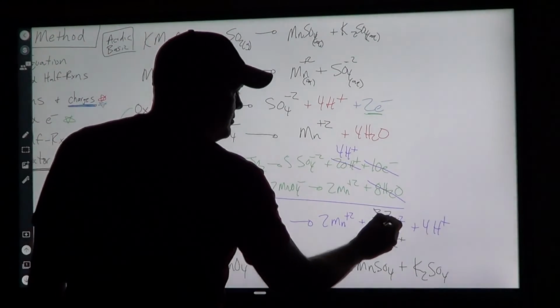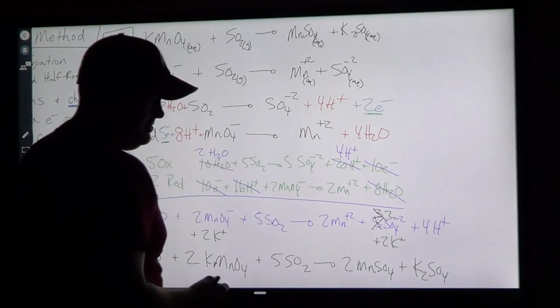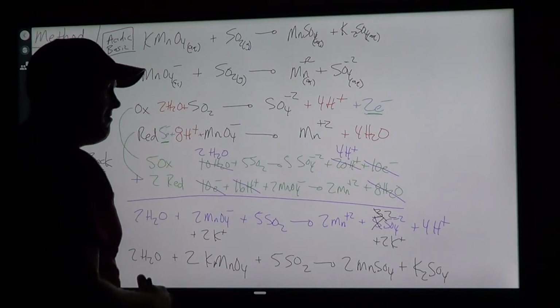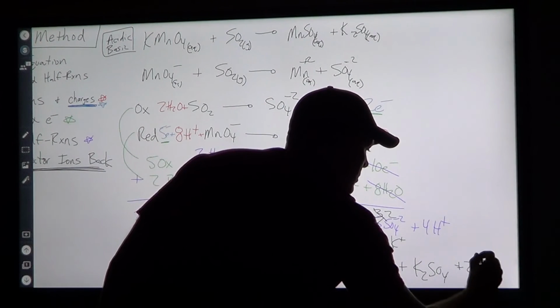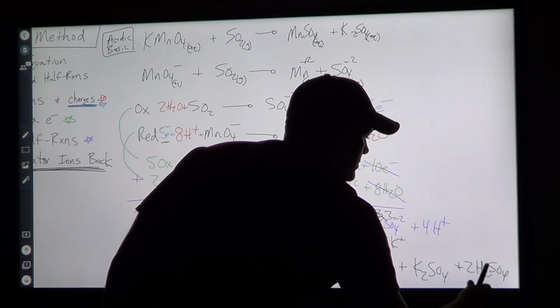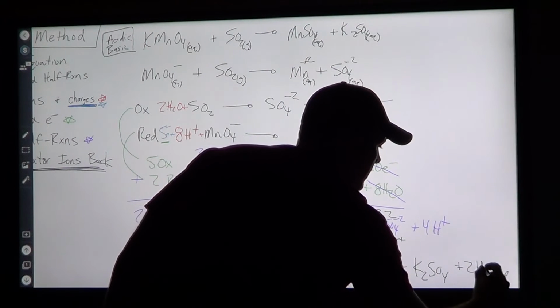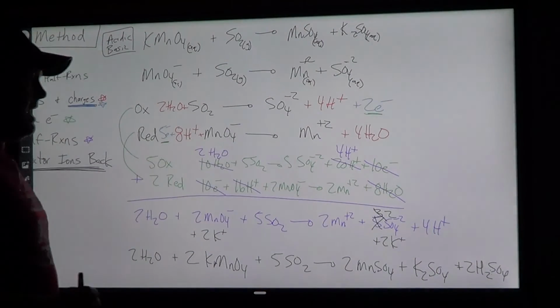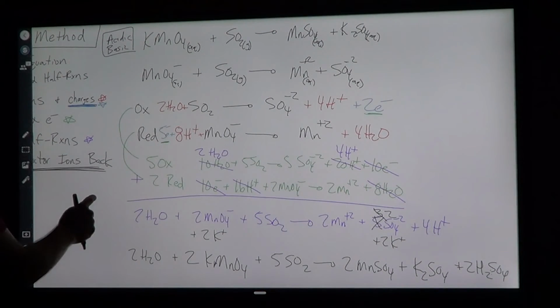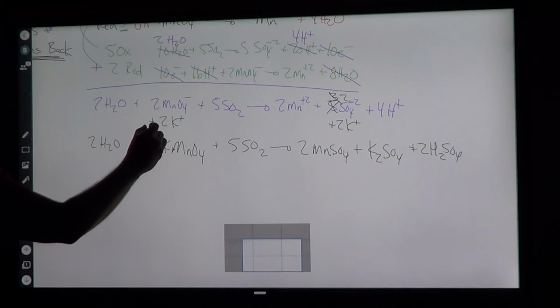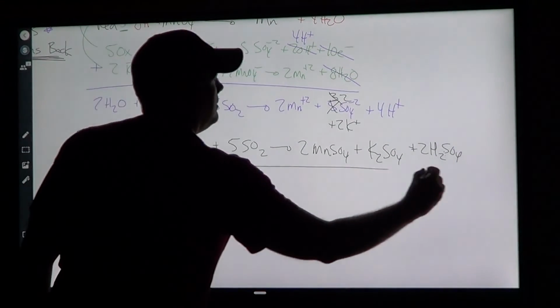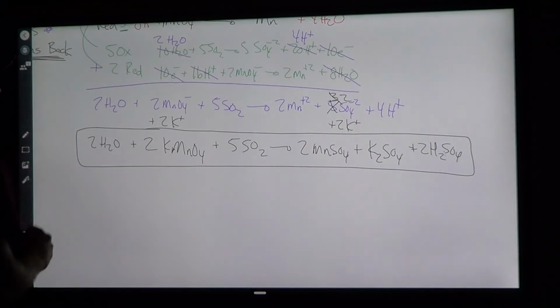And now we have 2 sulfates and 4 H's, which, luckily for us, is exactly 2 sulfuric acids. And that gets us to our fully balanced electrochemical equation.